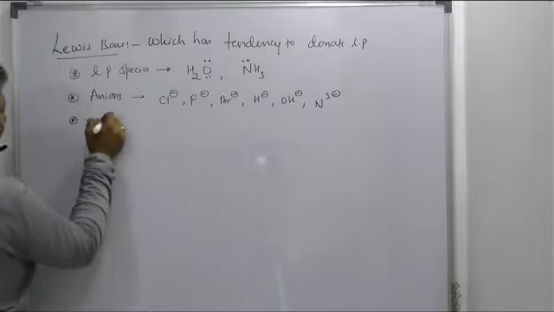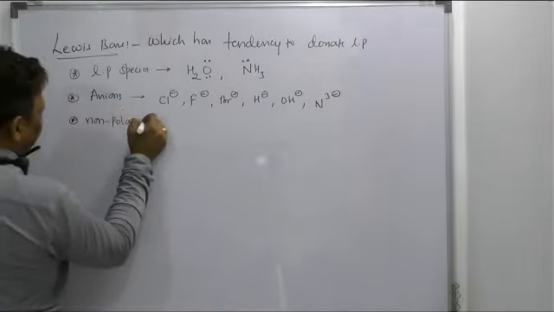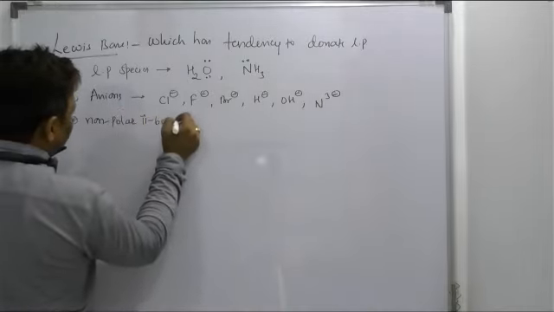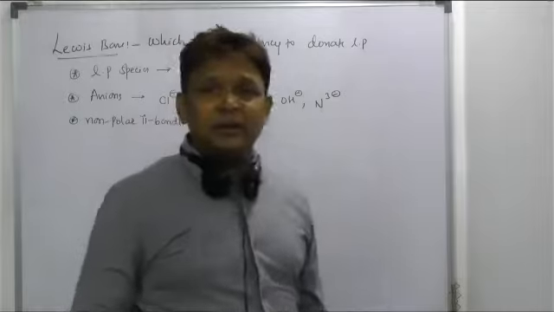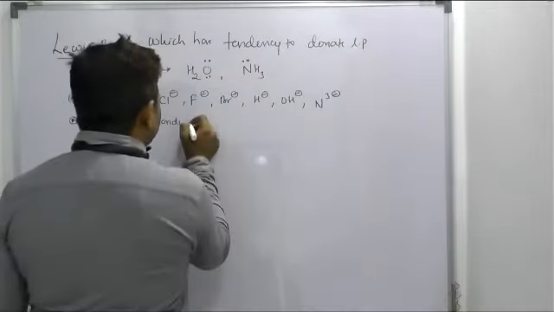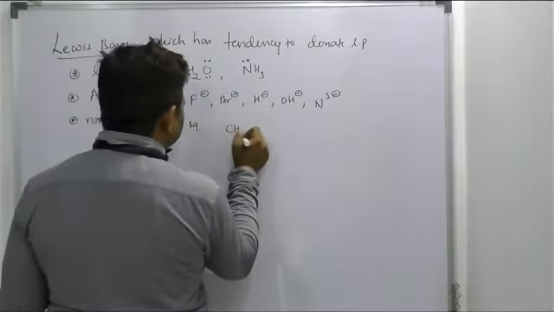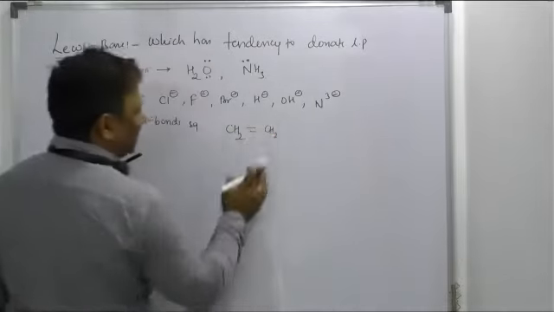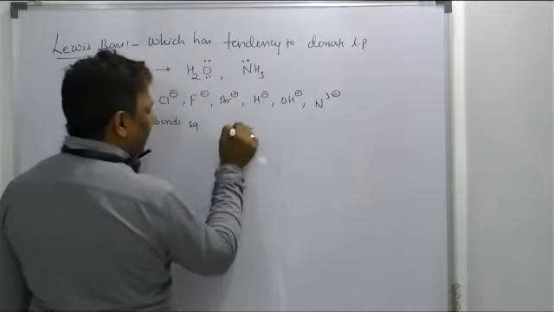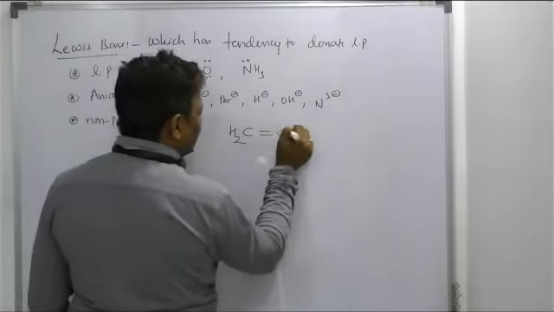Sir, one more point we can say. Non-polar pi bond means a pi bond should be there, but the pi bond should not have any polarity on it. Example for this one, sir, CH2 double bond CH2. I can write carbon CH2 and carbon CH2.